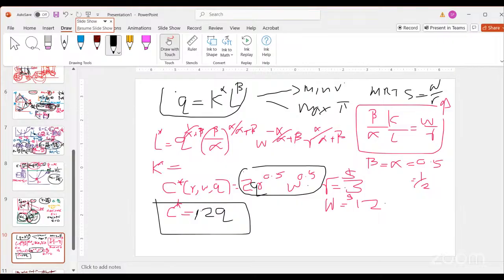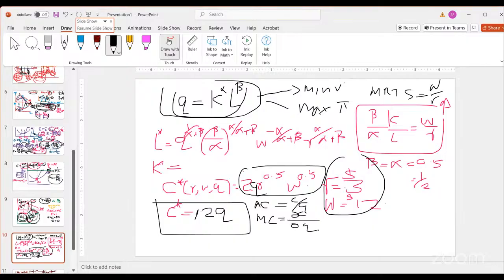For the particular production function, given W and R, now with that in the exam, you should be able to find the average cost function. Just divide this by Q. And the marginal cost function, you should also be able to find. The average cost is just dividing total cost by Q. The marginal cost is differentiating with respect to Q. So you should be able to do that.